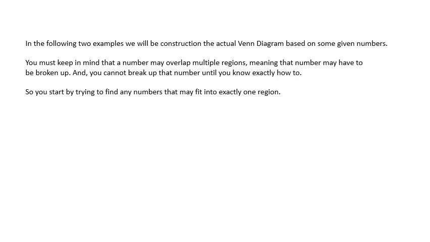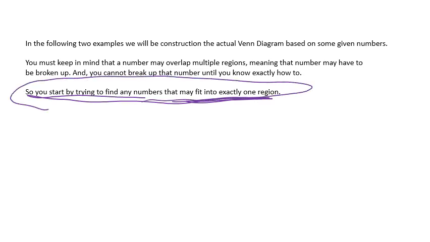So you start by trying to find any numbers that may fit into exactly one region. This is really our starting point for the next two problems. But you have to keep in mind, does a number belong to one region or multiple regions? And if it belongs to multiple regions, you need to know how to break it up.